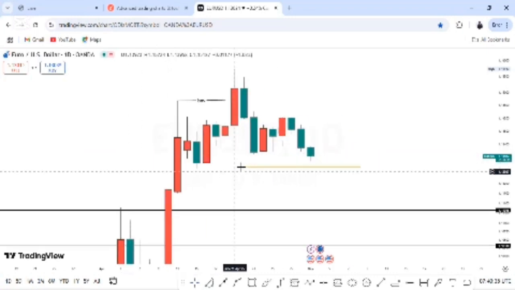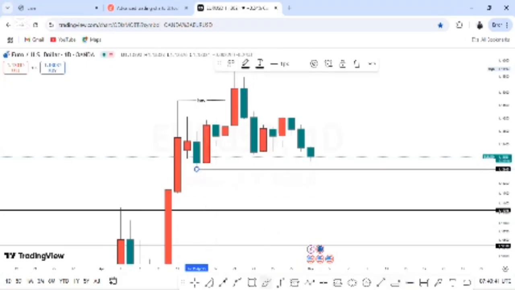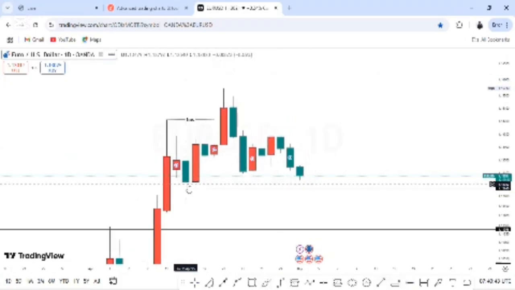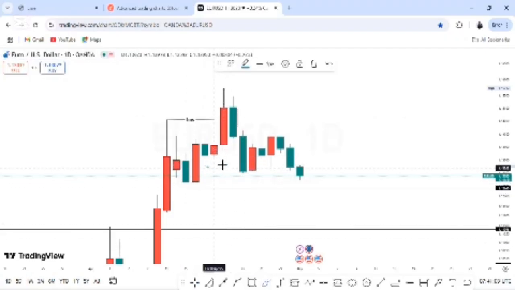Okay, let me proceed. We want to say this is the validation point because here we see another swing point or another formation whose body closure is above the previous formation here, as you can see. So we will mark, of course, this as a break of market structure, but its invalidation won't be this validation, or really the validation is this candle here.